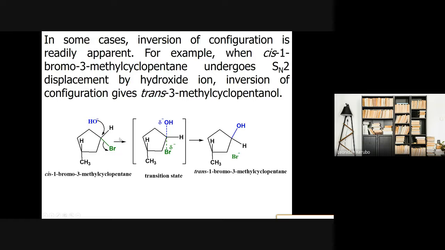So the final product is where there will be a new bond on the opposite side of the leaving group. So the final product becomes the trans isomer. There is inversion of configuration from the cis isomer to the trans isomer in the product. So the alkyl halide is a cis isomer, and because there is inversion of configuration in SN2 reaction, the final product will become the trans isomer.